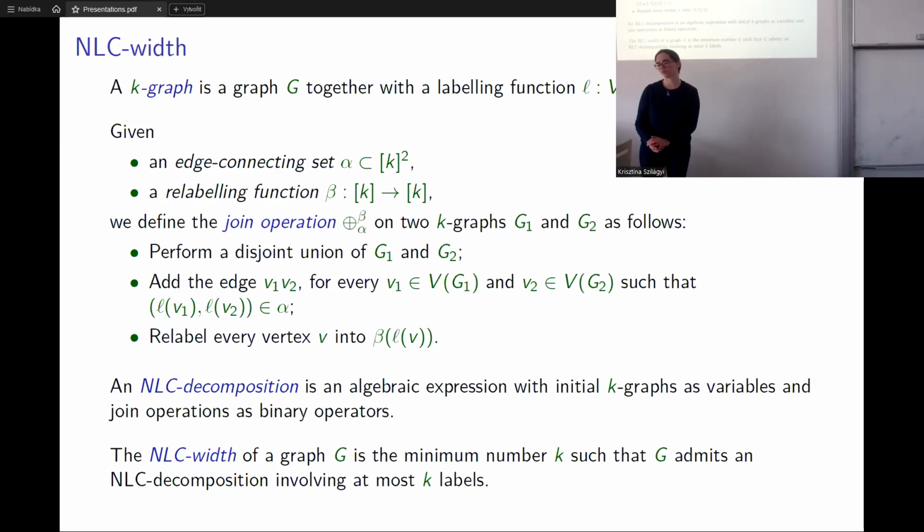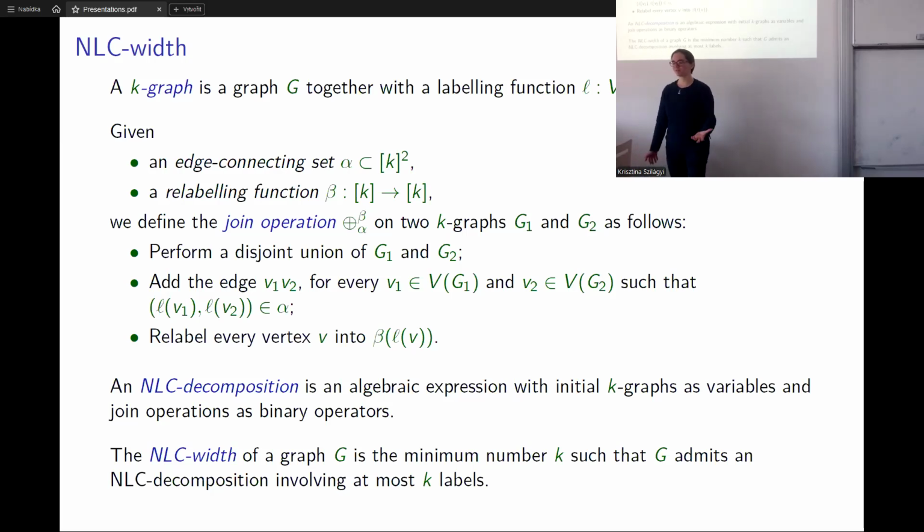So here is the sort of formal definition. A k-graph is just a graph together with some labeling function on its vertices. And this join operation is the operation that we are allowed to do to construct this NLC decomposition.